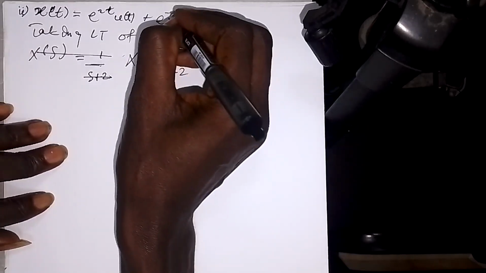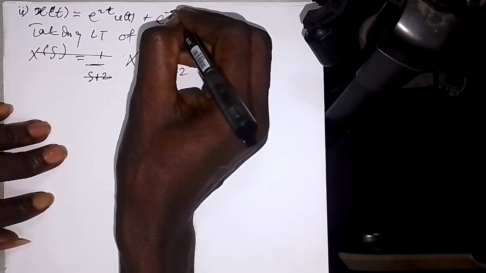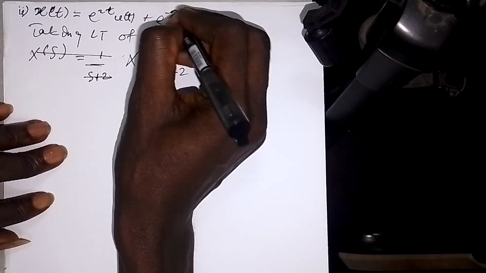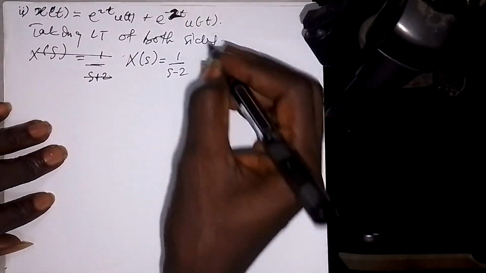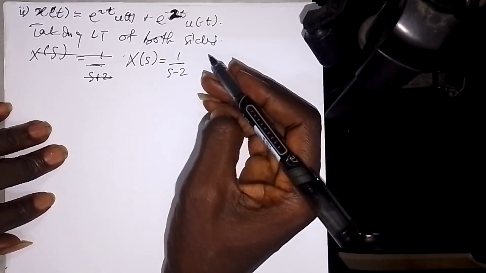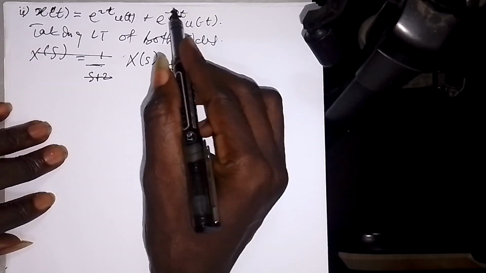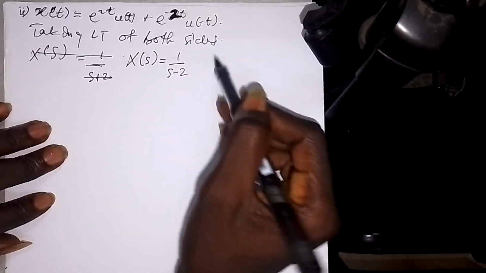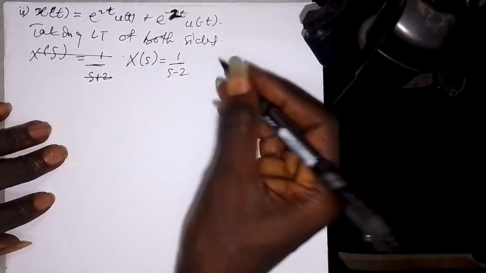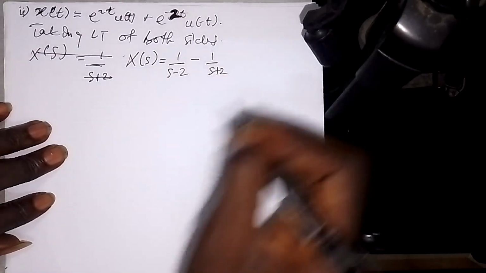Sorry, I made it 3, it's 2 from the question. Then the Laplace transform of the next term gives 1 over s plus 2, but it's going to be minus 1 over s plus 2.